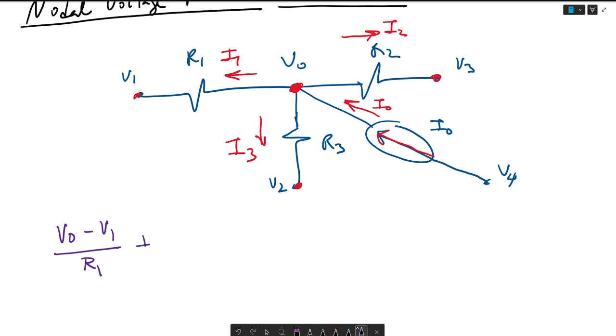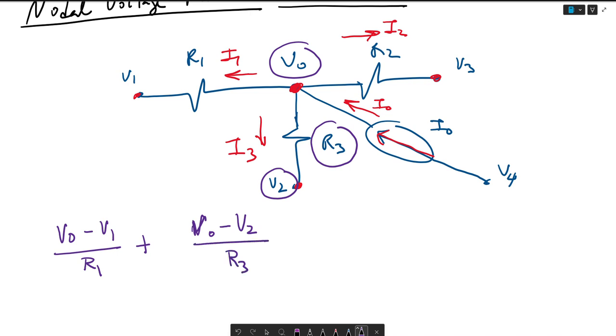And then I add a plus, and then VO minus V2 over R3.